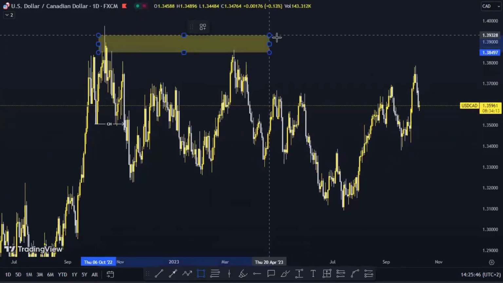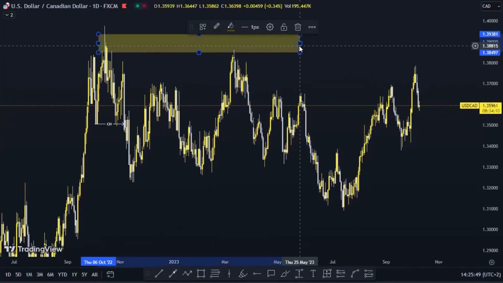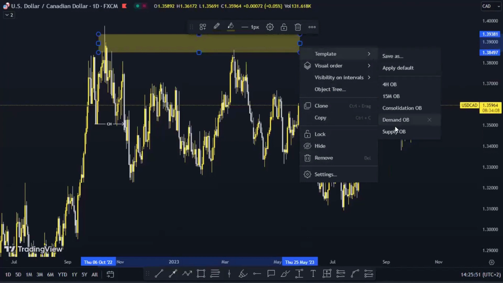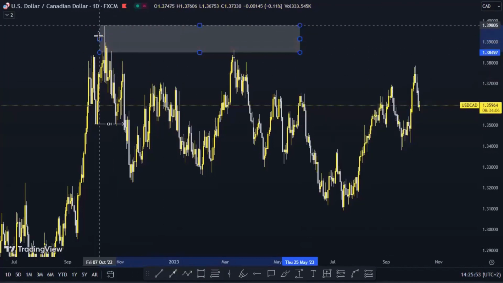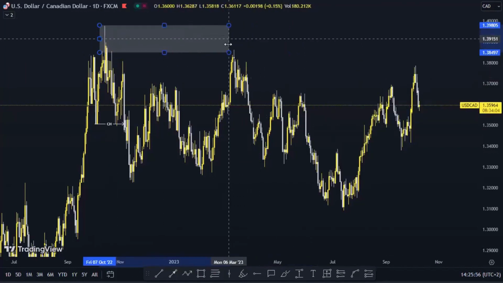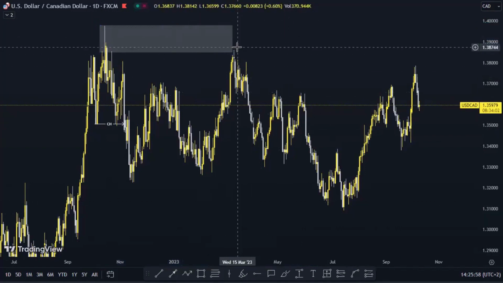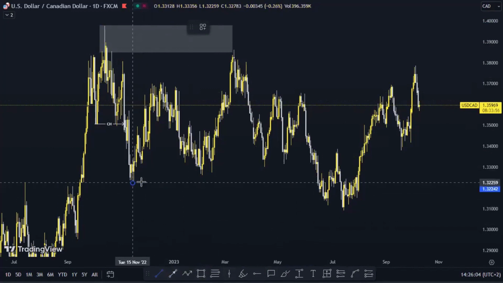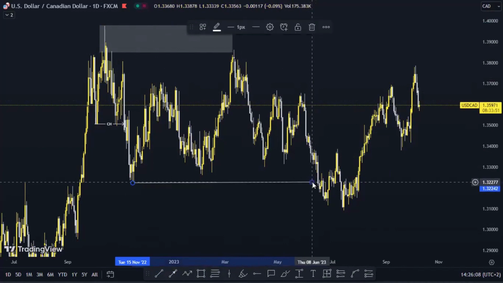If I can just draw potential areas of supply here, let me use the right template, right? So we had that supply, which the market reacted to, pushed further to the downside. And what did it do? Somewhere around here, we broke this structure.